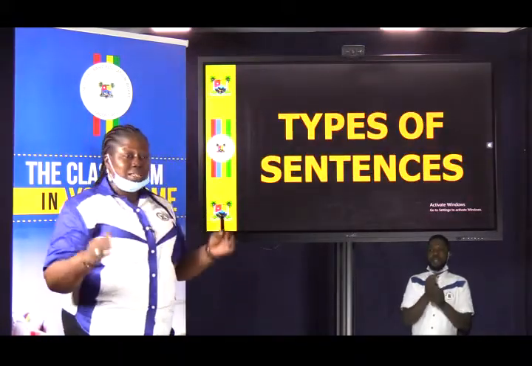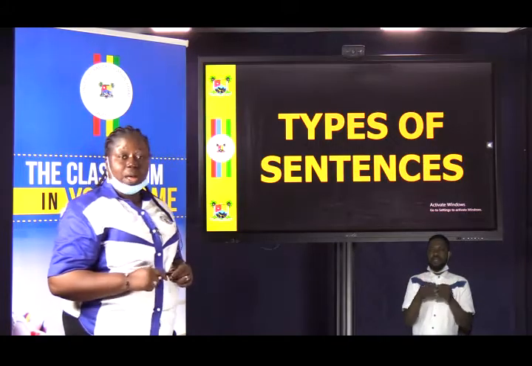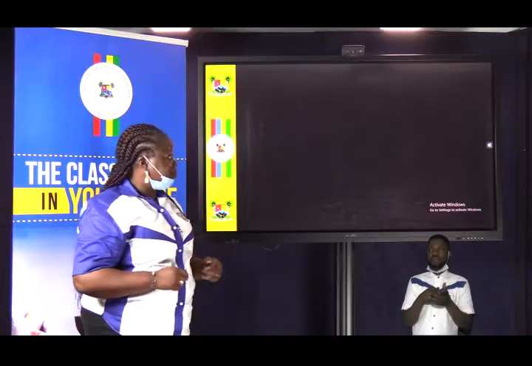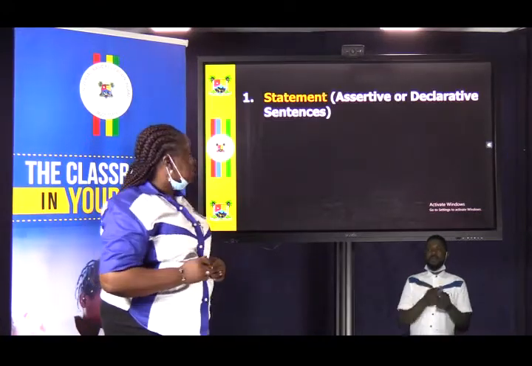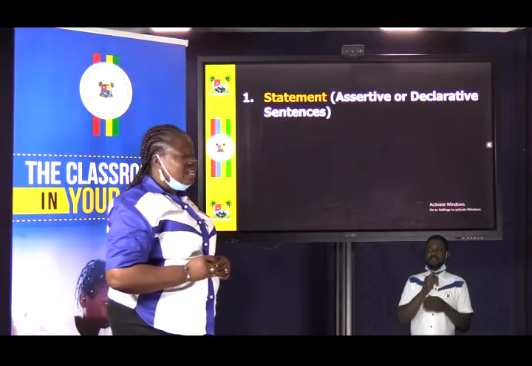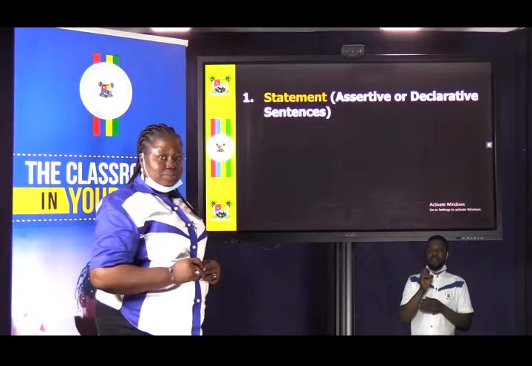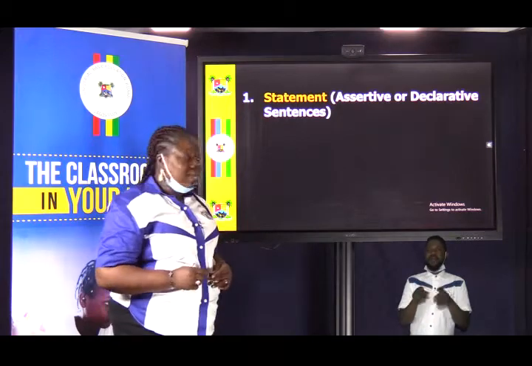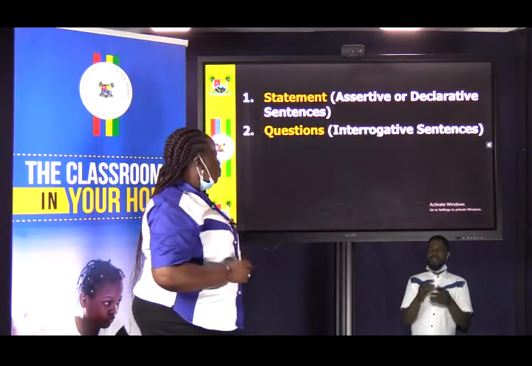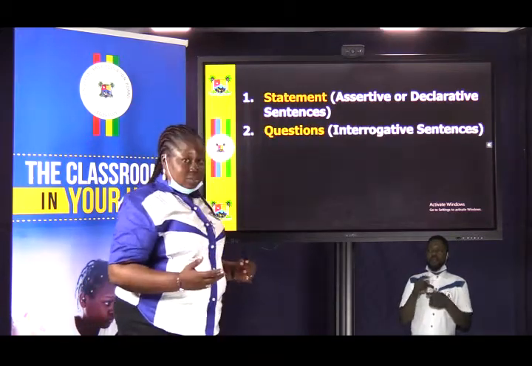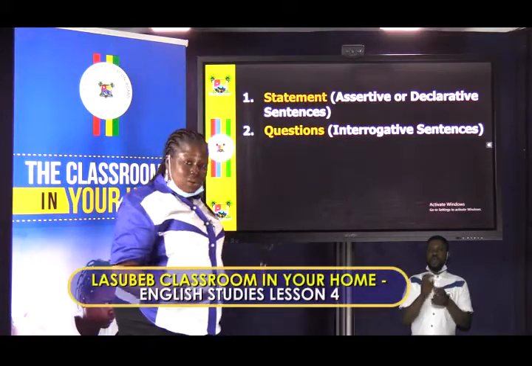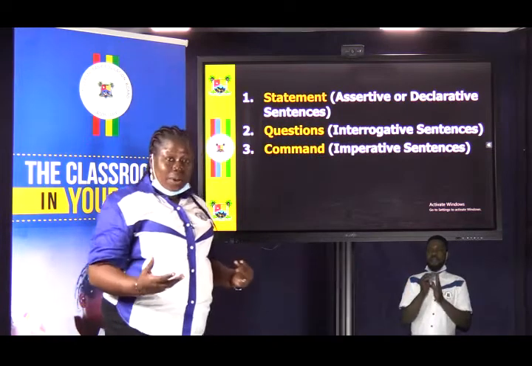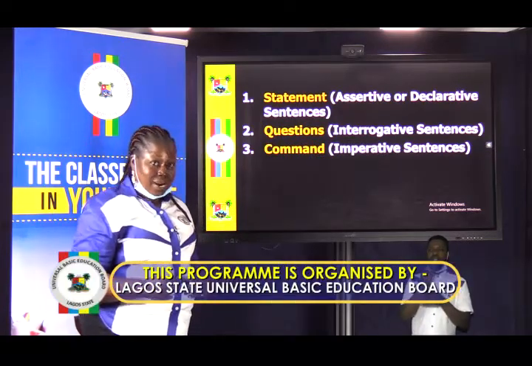Now let's look at the types of sentences that we have. Our first type of sentences is assertive or declarative sentences, also known as statements. We also have questions or interrogative sentences, followed by imperative sentences, also known as commands.